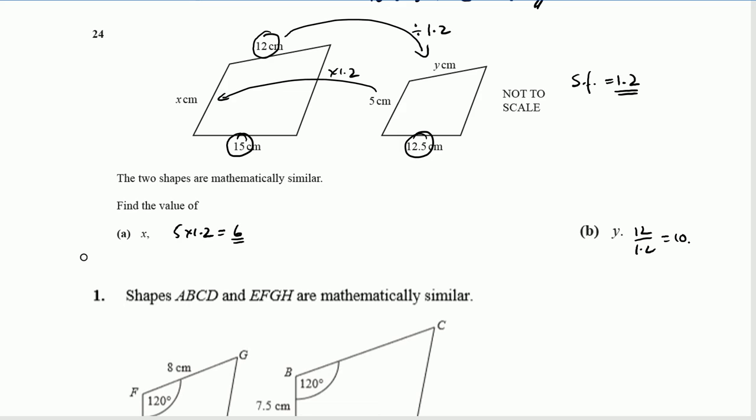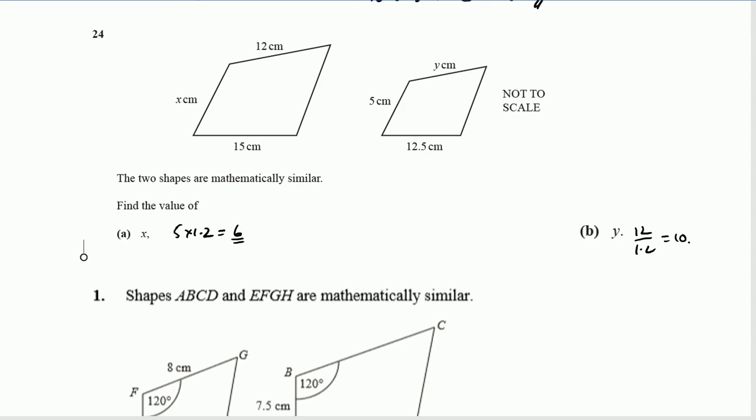Now, I know I said I wouldn't talk about exchange rates anymore, but I'm going to do it one more time just for the purposes of this question. So I'm going to just rewind a little bit, forget about the scale factor, and make an exchange rate. I need a measurement on the big triangle and a measurement on the small triangle to build my exchange rate from, and that's going to be the 15 and the 12.5.